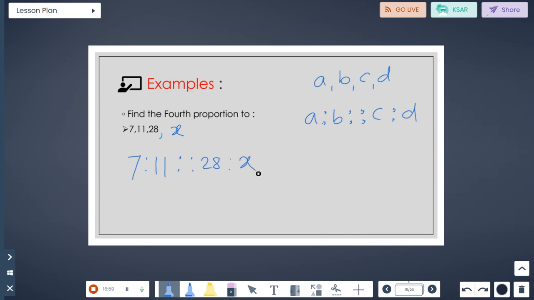This can be written as 7 upon 11 is equal to 28 upon x, and we have to find the value of small x.